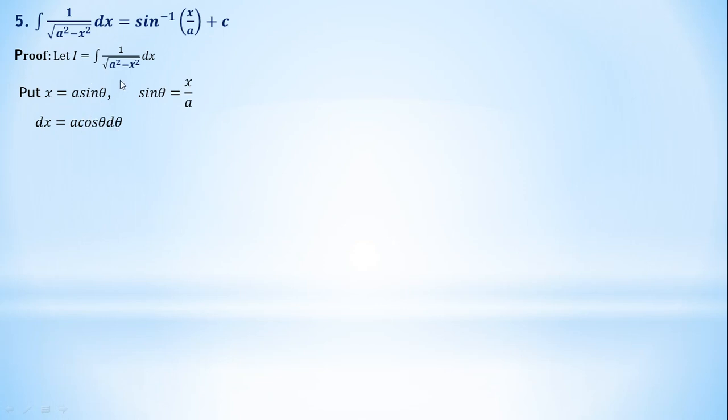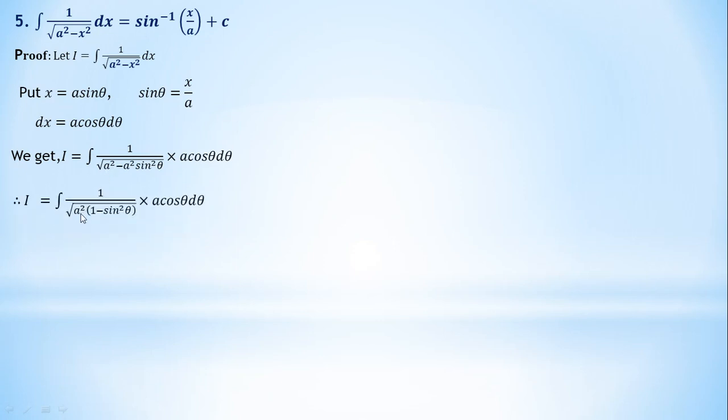Now the given integration I is equal to integration of 1 upon root of a square minus x square dx becomes integration 1 upon under root a square minus a square sine square theta into a cos theta d theta. So write it in this way properly, put x is equal to a sine theta and dx is equal to a cos theta d theta. Now just solve this.